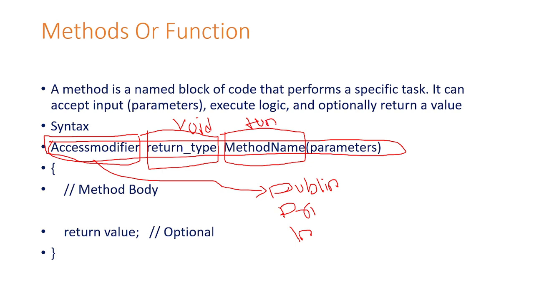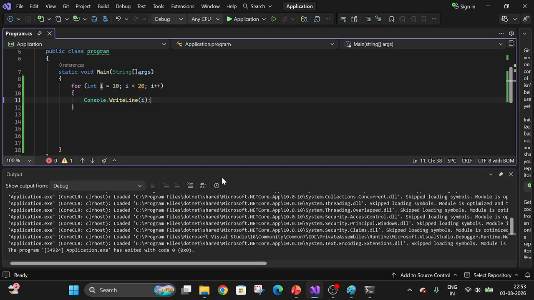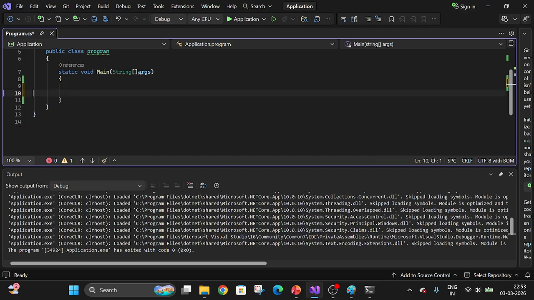Why do we need to write functions? Functions are required to perform a specific task. If I'm going to do some task, then I need to write some functions. Where are we going to write the function? Within the main, the entry point of the application?